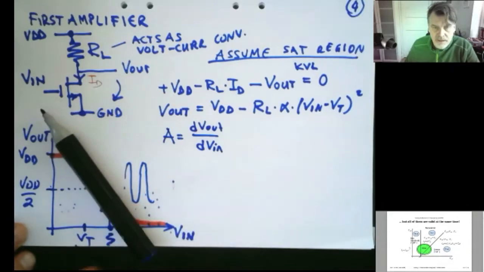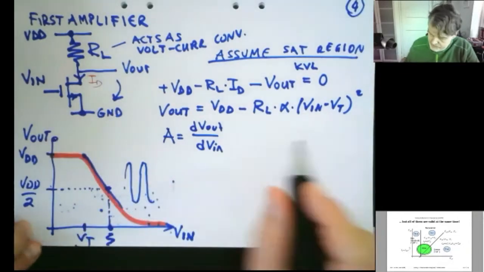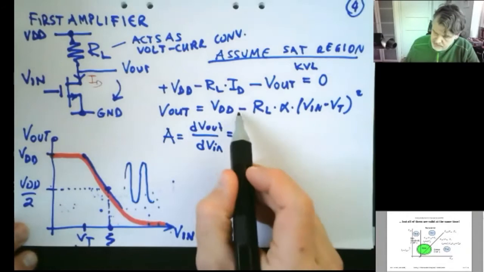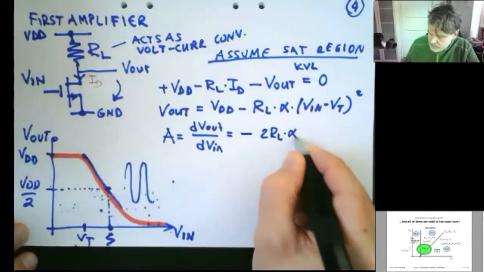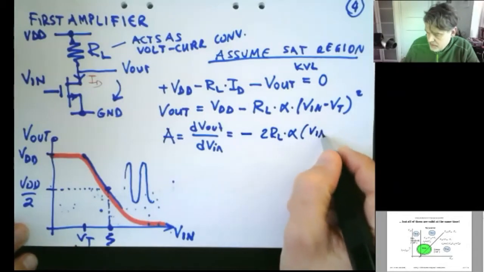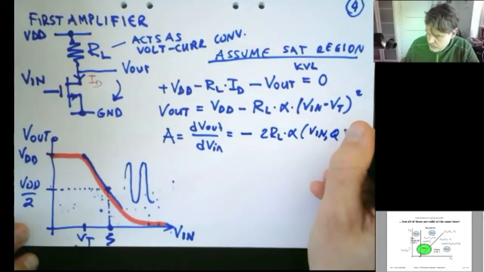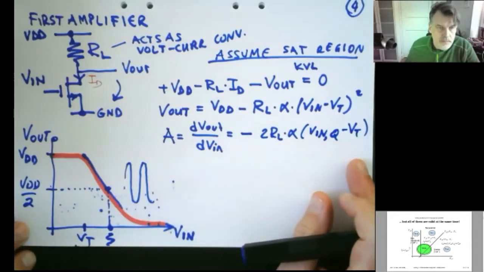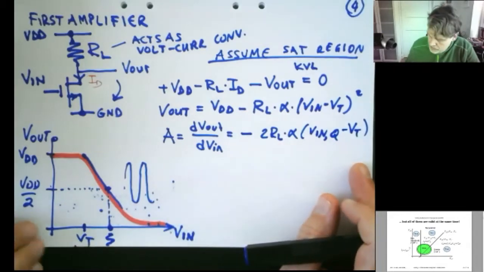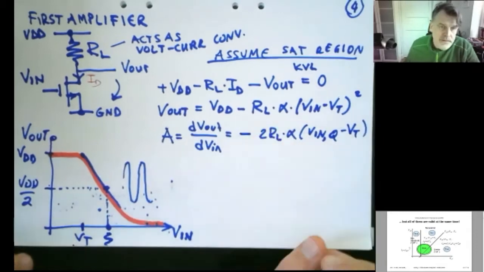That's my linearized gain of my amplifier. So that derivative is minus 2 RL times alpha times V in at the operating point Q minus VT. So that gives me an expression of the gain, which is pretty easy to handle.